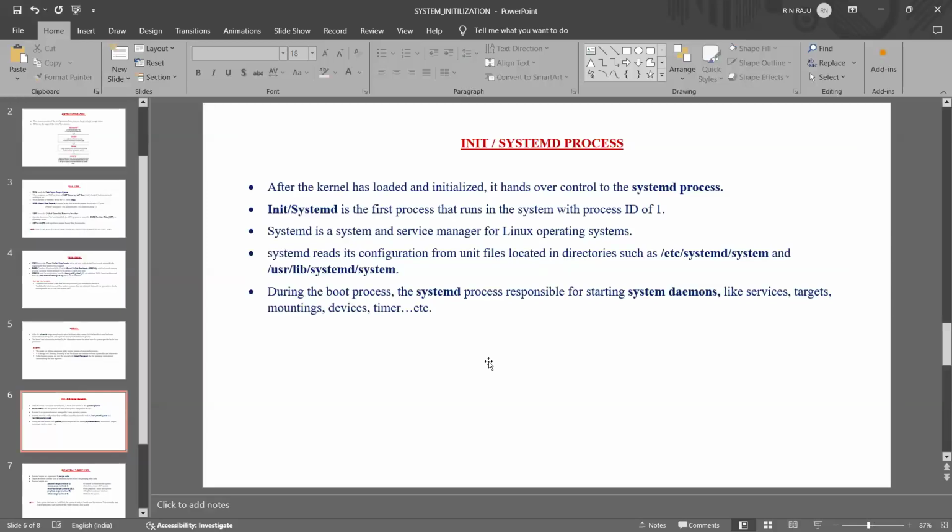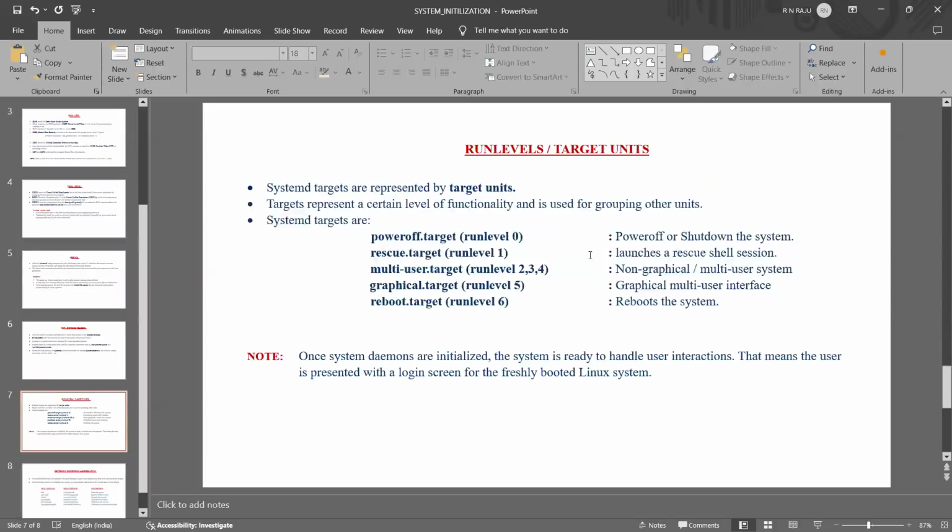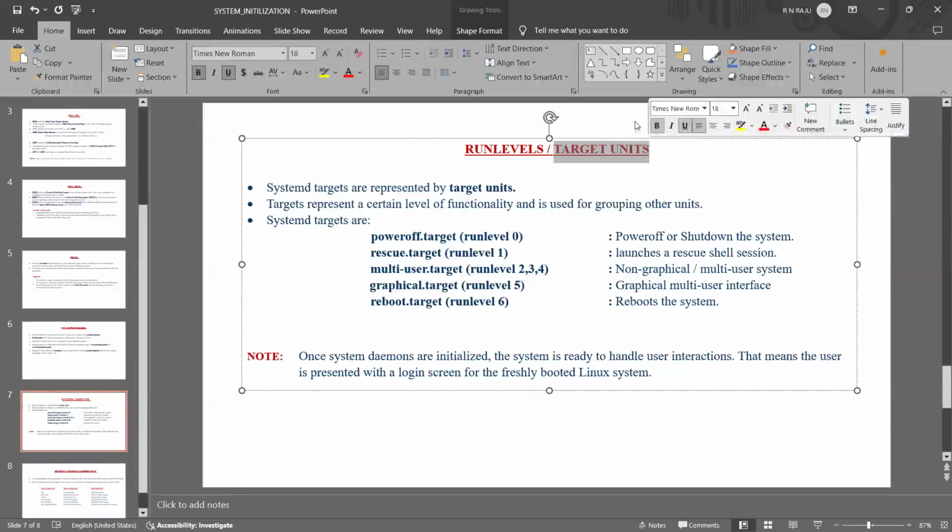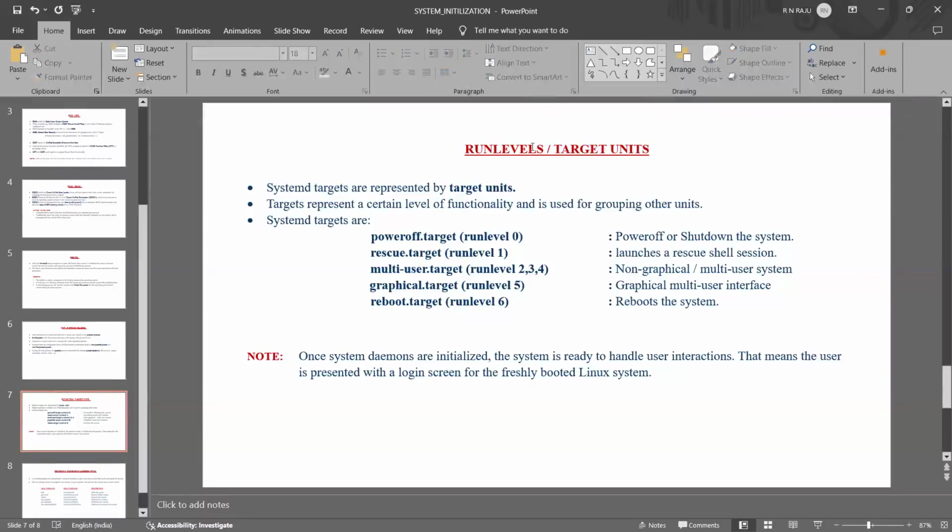But the final important point: what is meant by targets? That means systemd targets. So these are run levels or target units. The latest operating systems use target units, but old operating systems use run levels.